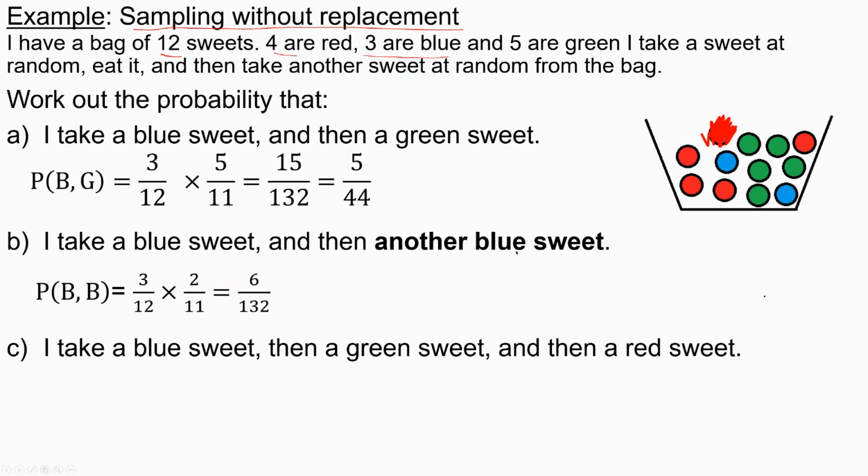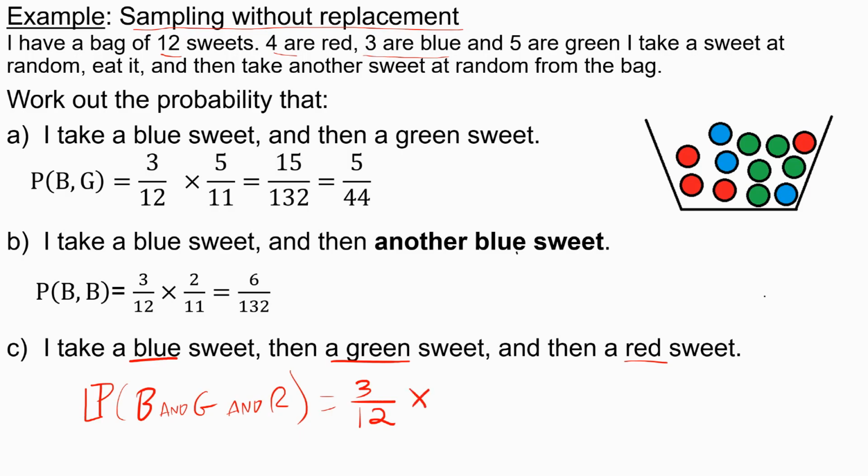Finally, I have to imagine now that I'm taking 3 sweets in a row. So I take a blue sweet, then a green sweet, and then a red sweet. The chance that I do this is going to be the probability of blue, and then green, and then red. So I should put "and", okay? So if I take a blue sweet first time, that's going to be 3 out of 12.